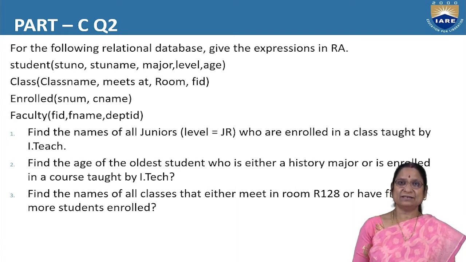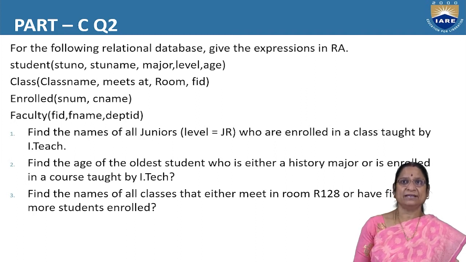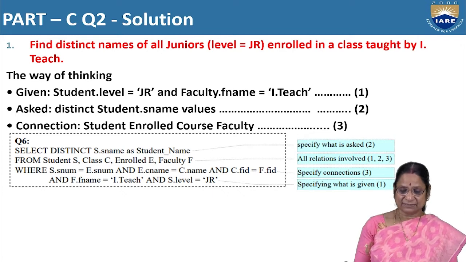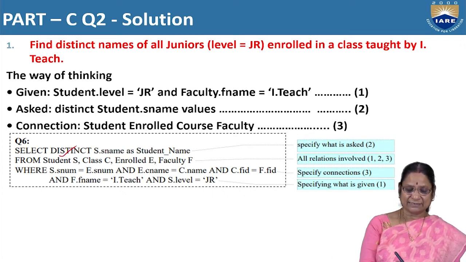So we have to consider what relationships are associated between these two relations. Faculty ID is associated with the class, and the class is associated with the respective student enrolled. So that's why from student, class, enrolled, and faculty are required.